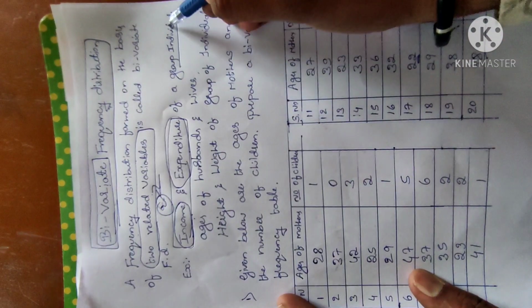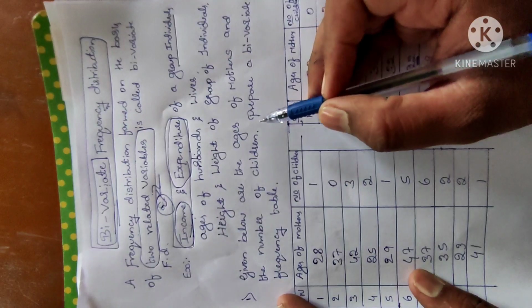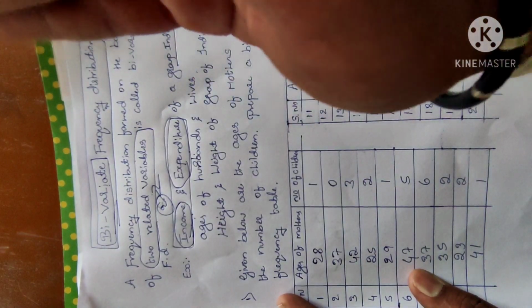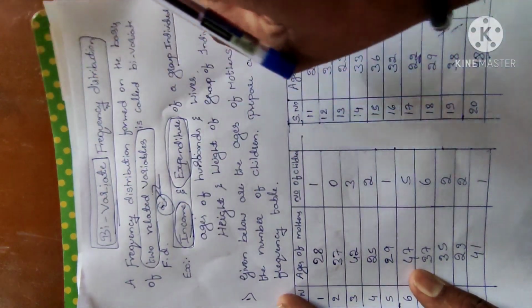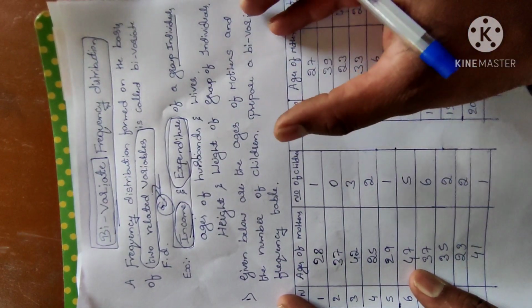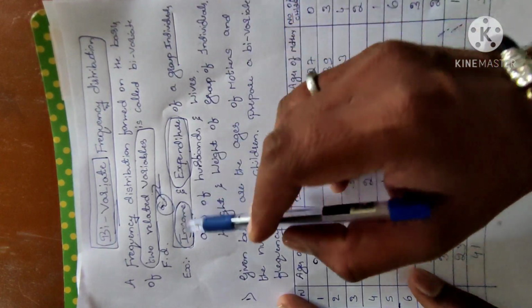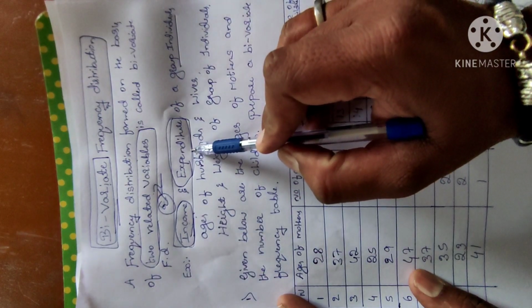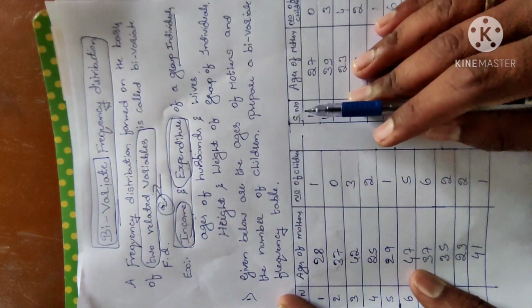When we give importance to only one variable, it is a discrete variable or continuous variable. Income and expenditure is the best example for a bivariate frequency distribution.